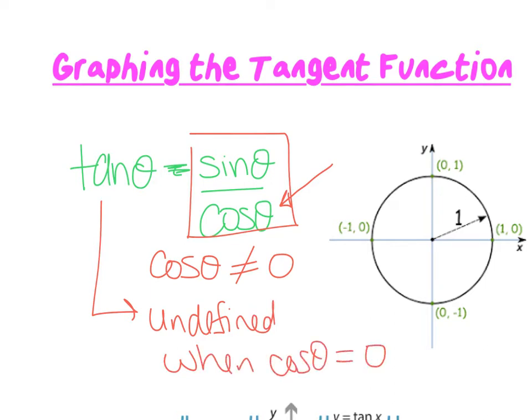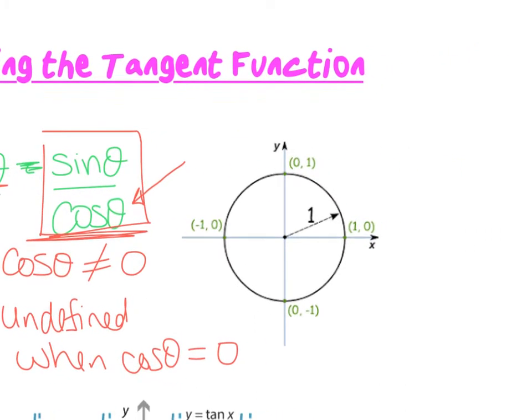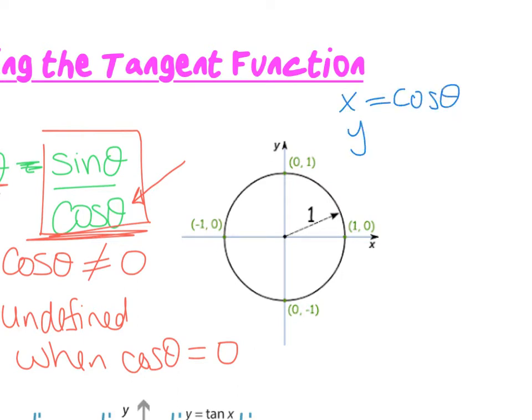So we always want to make sure that we know where cosine is 0 so that we know where tangent cannot exist. And what will help us is the unit circle. So if you remember, x is cosine and y is sine. So what I'm going to look for right now is the x values where cosine is 0. So I want to know where x would equal 0, because therefore that would make tangent undefined.